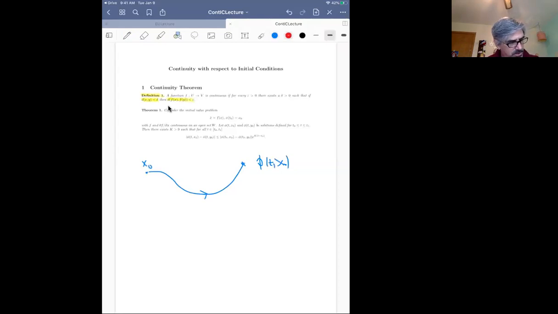The definition of continuity says, given any epsilon, so that puts a small circle centered there. The radius of this circle is our epsilon.